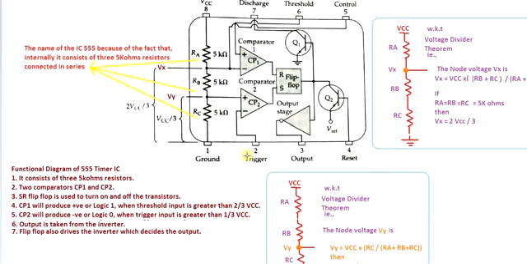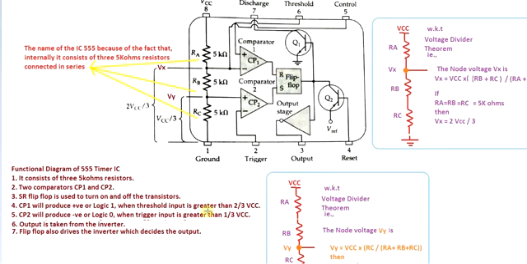You can see here, when the trigger is 0 at one of the inputs, and the other input is already Vy, which is tapped from this node, it is already 1/3 VCC applied to the positive terminal. Because of this, the comparator will be driven high. That is, 1 is already available here. So 1 is applied to S and 0 is applied to R when both threshold and trigger are 0.